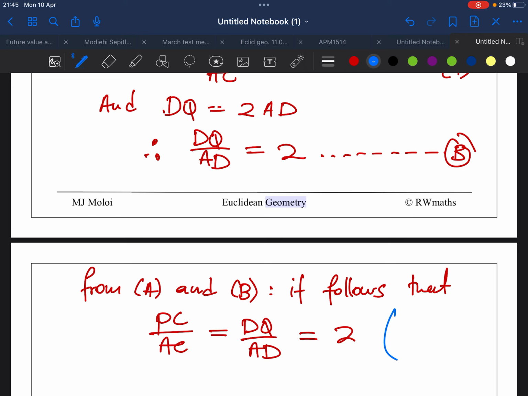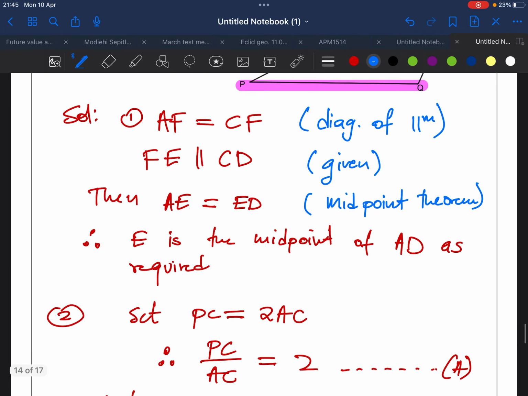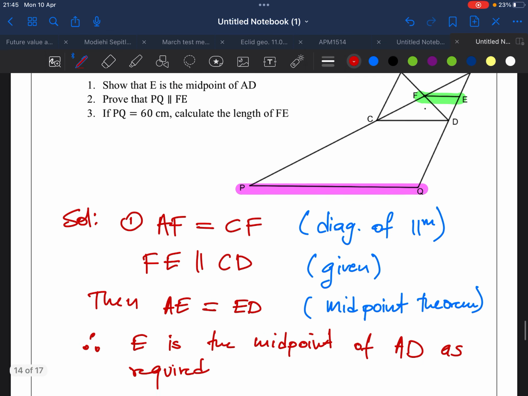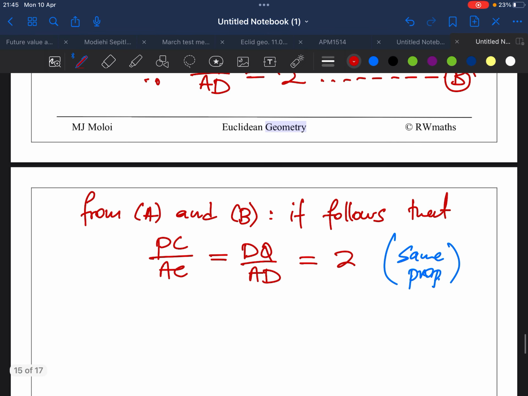Here we have the same proportion. They're in the same proportion. Let me just highlight what we have found.